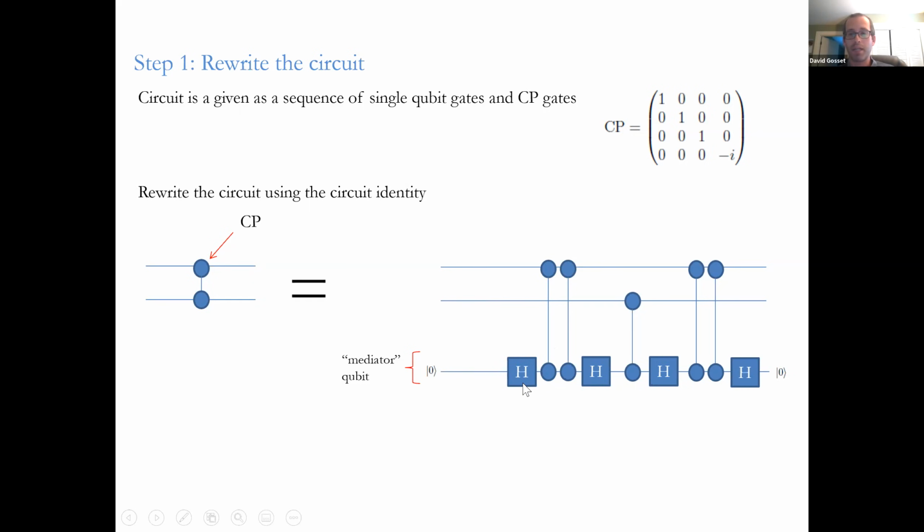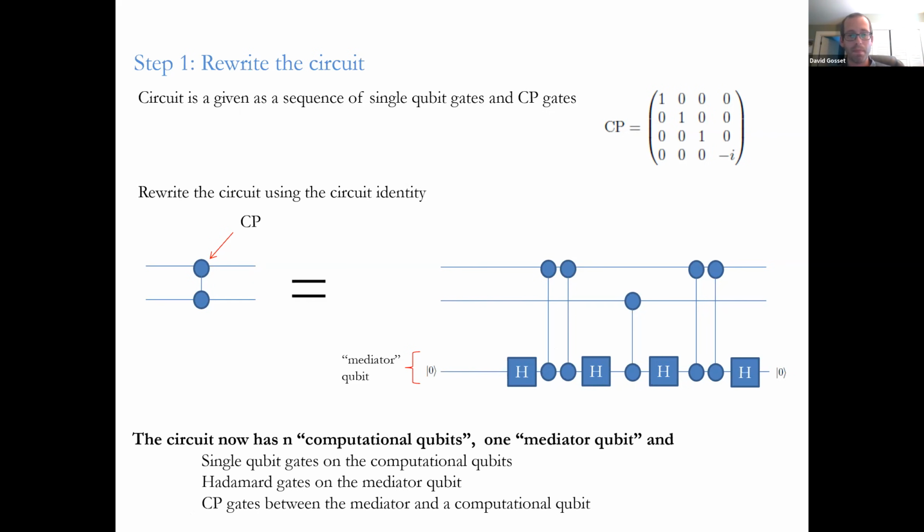Okay, so we're going to add this extra mediator qubit, and it's going to make our lives a little bit easier. So the circuit, when we transform it in that way, has n computational qubits, those are the ones we had initially in our quantum circuit, and then this 1 mediator qubit. We have to show how to implement single qubit gates on all the computational qubits, only Hadamard gates on this mediator qubit, and how to do this CP gate between the mediator and a computational qubit. So we never have to do a CP gate between 2 data qubits or 2 computational qubits.